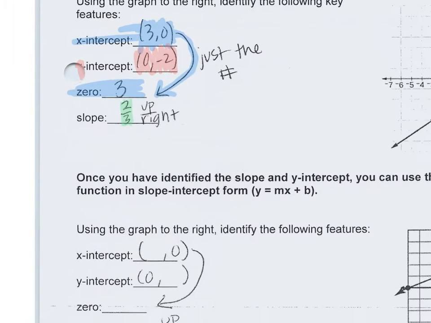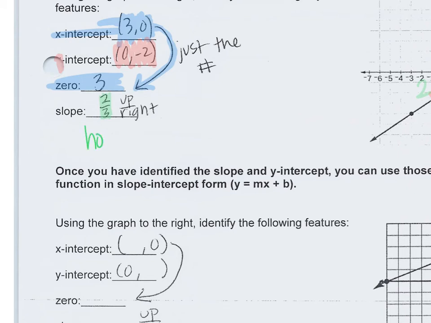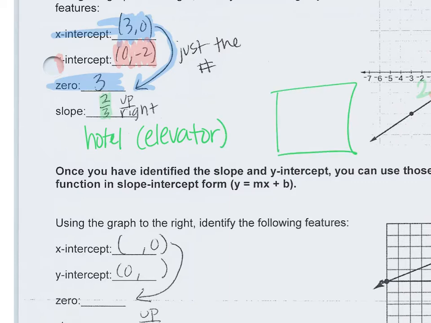For slope, you can think about a hotel or anywhere that has an elevator. Sorry, I should have drawn that the other way. Let's say this is the Hilton in town, or anywhere you can think of that you've ever been that has an elevator.